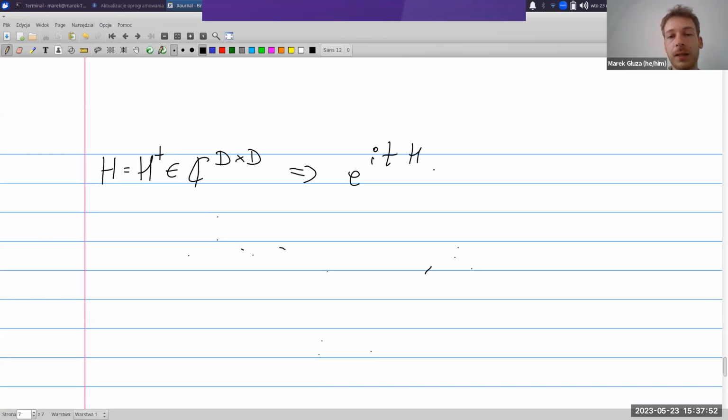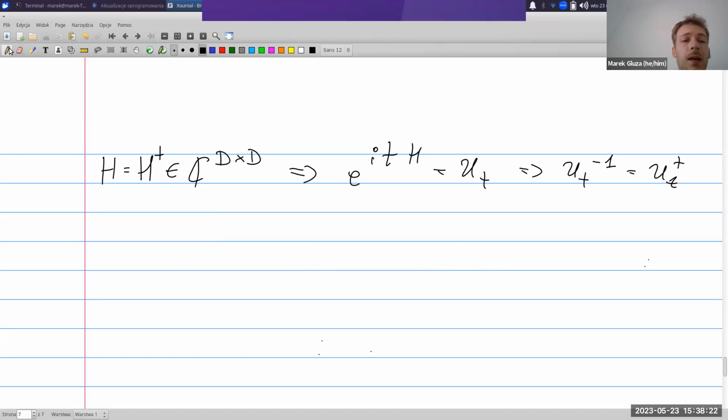So this matrix U(t) will be unitary. This is actually nice: the inverse of this one is just the Hermitian conjugate of this matrix. Easy to check, a good exercise if you want to consider some calculation.